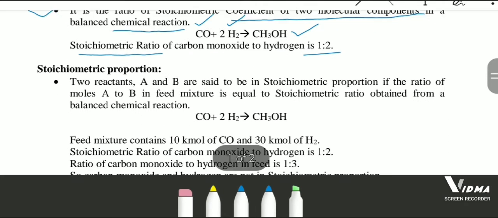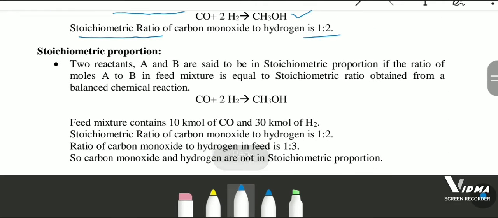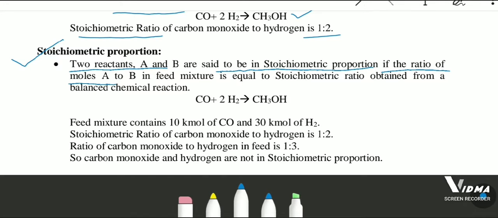Now let's come to the next definition, that is stoichiometric proportion. Two reactants A and B that are taking part in a chemical reaction are said to be in stoichiometric proportion if the ratio of moles of A and B in the feed mixture is equal to the stoichiometric ratio obtained from the stoichiometric equation.